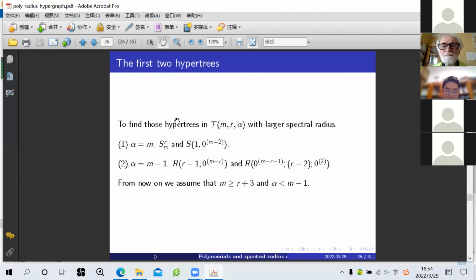Our main results are to characterize the first two hypertrees in this set. This set is the set of our r-uniform hypertrees with m edges and strong stability number alpha.